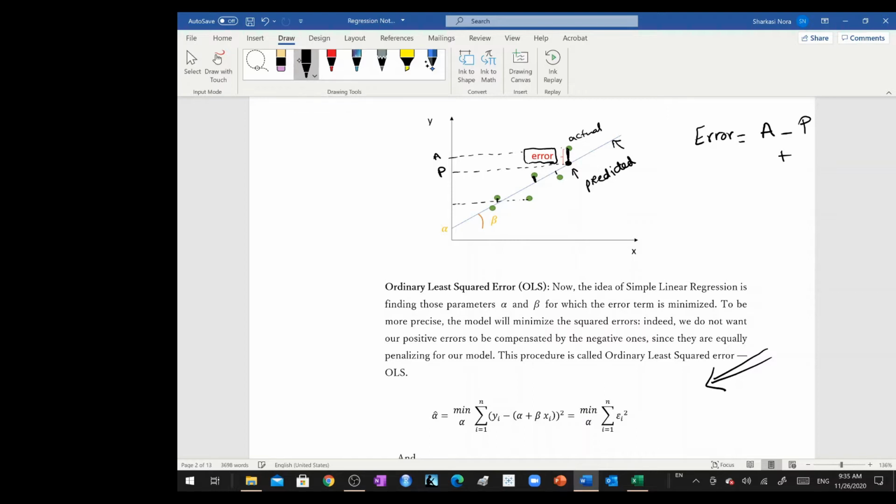On the other hand, if we take a look at this point, this is the actual value, and the corresponding predicted value is somewhere here. So the predicted value is higher than the actual value.